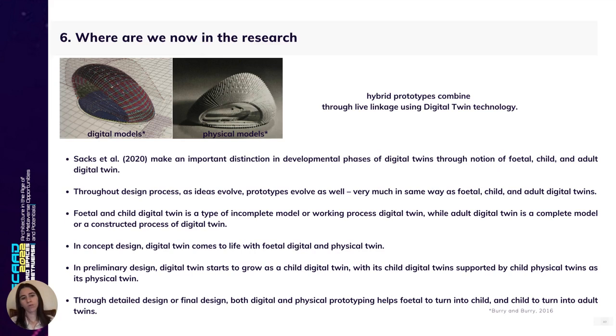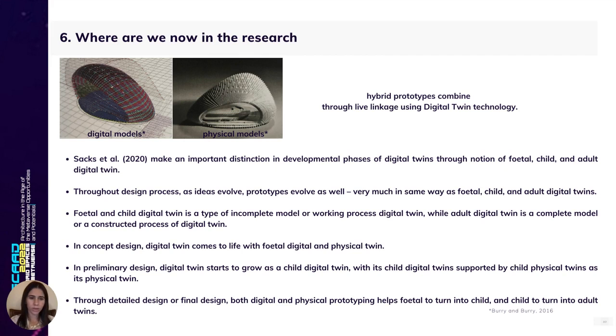Where are we now in the research? Until now, we see digital models and physical models, both of them combined in hybrid prototypes, which is a linkage with digital twin technology. This is new, you know. Sachs et al. make an important distinction in the developmental phases of digital twins through the notion of fetal, child, and adult digital twin.